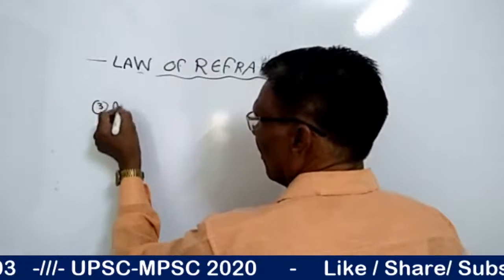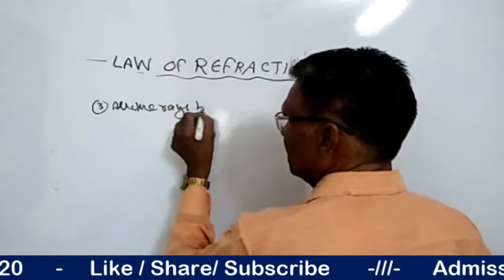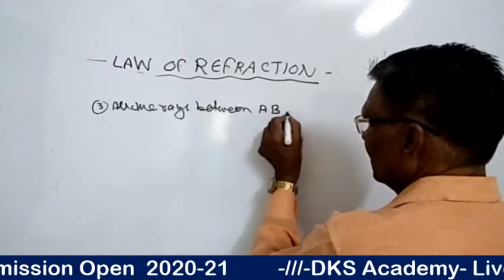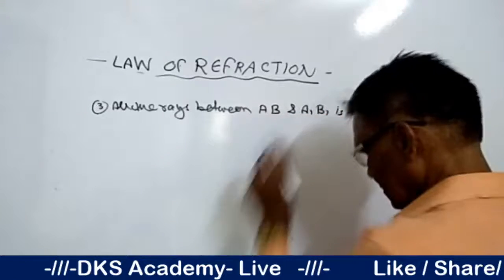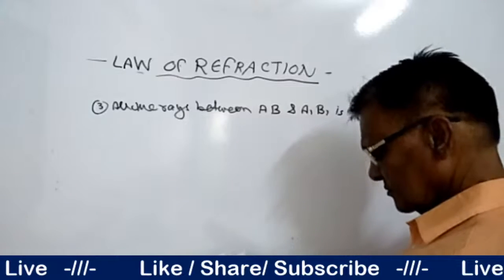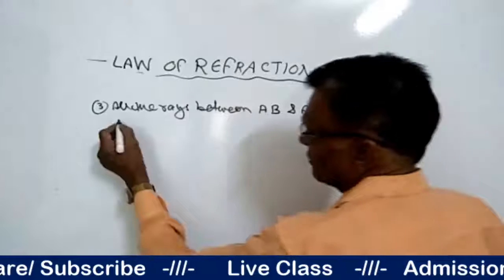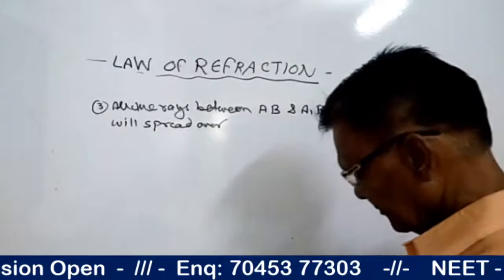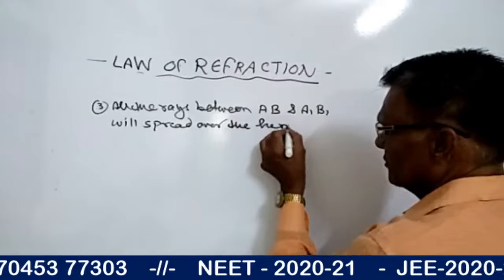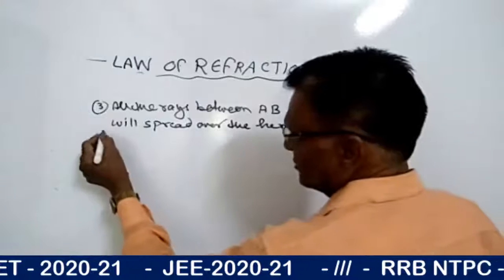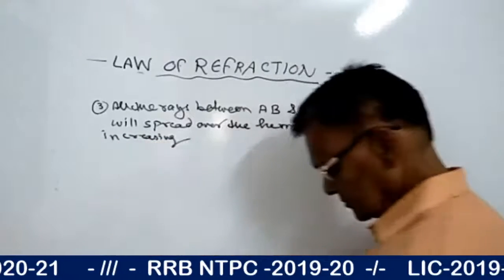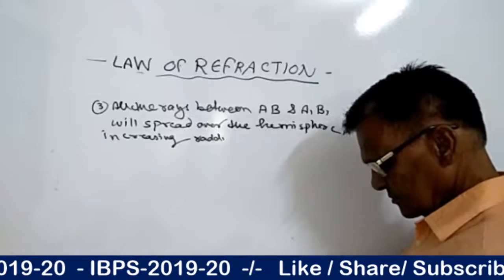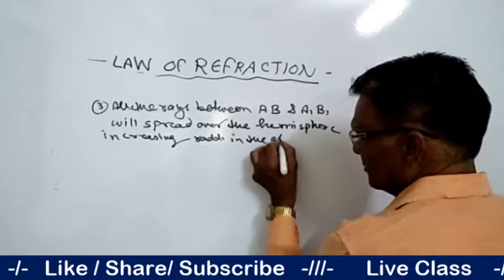Third point, all the rays between AB and A1, B1 will spread over the hemisphere in the glass as shown in the figure.